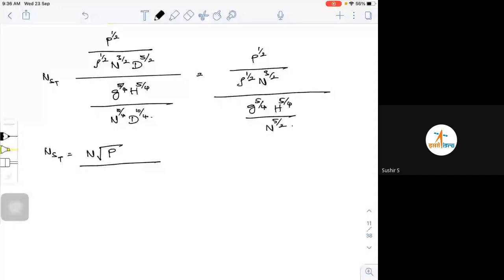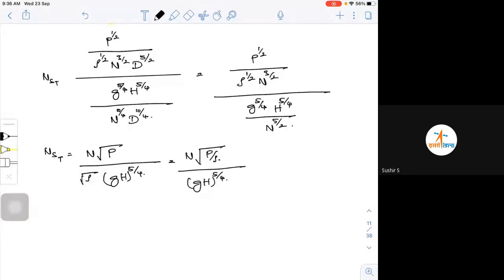So you have non-dimensional as well as dimensional forms. I can write it as root rho and gH whole to the power of 5 by 4. Or, if you want, the same thing I can write as n root P by rho divided by gH to the power of 5 by 4.